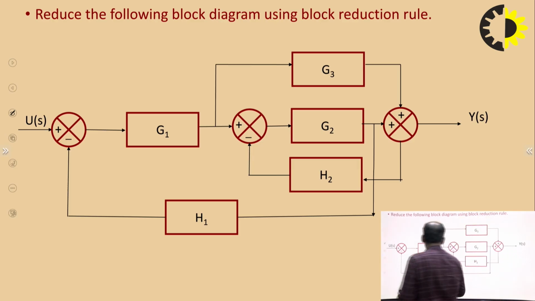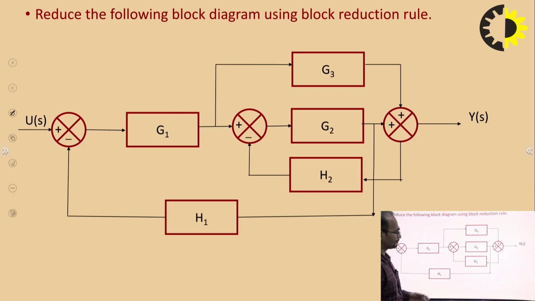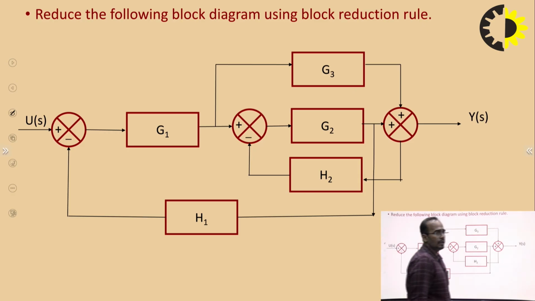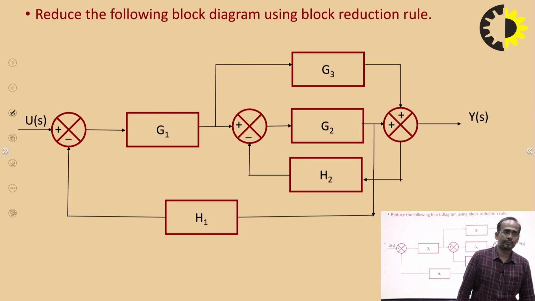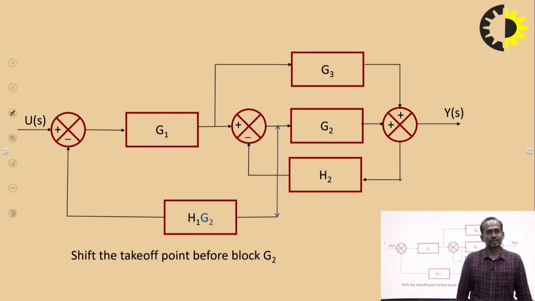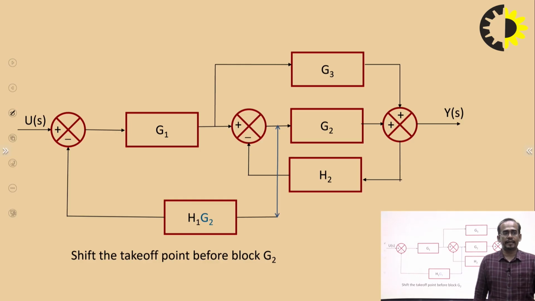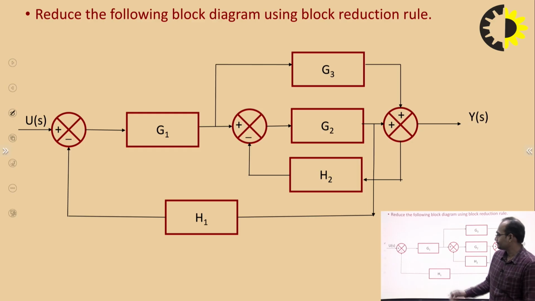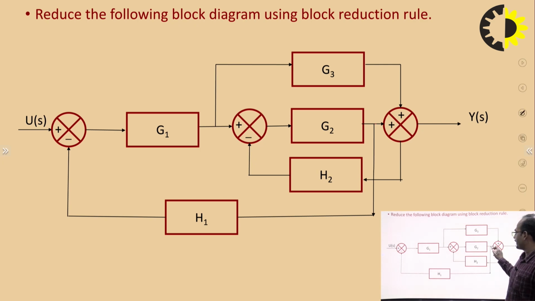So in this block diagram you can see that there are multiple connections. So I will start by shifting the takeoff points before block G2. Here you can see the summing point is on the left and this takeoff point is on the right.